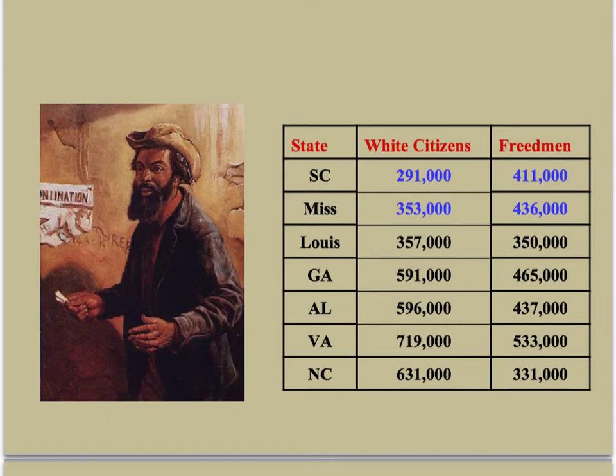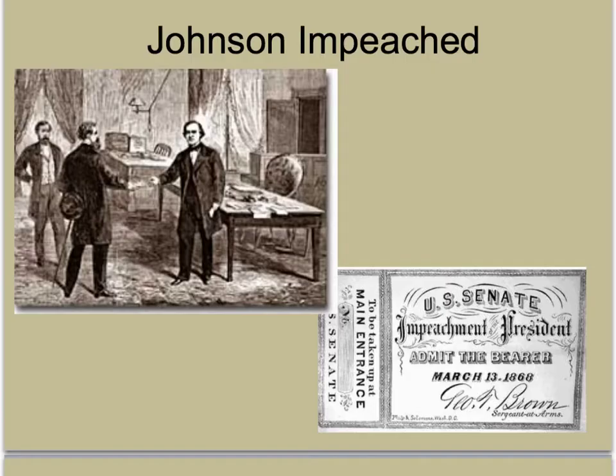Congress also approves that the military be used to enroll eligible black voters and begin the process of making these new state constitutions. And what you see, where freedmen outnumber white citizens, is that they're not only going to come out to vote, but they're also going to be electing African Americans into different leadership positions, both at the state and federal level.